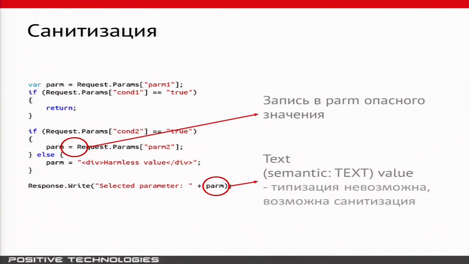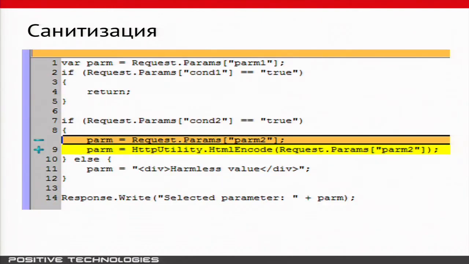Here the injection spot changed, so the HTML grammar changed, so the semantic is random text here. So we cannot typify it, but we can sanitize it, because it should be safe from the viewpoint of HTML grammar and the text.